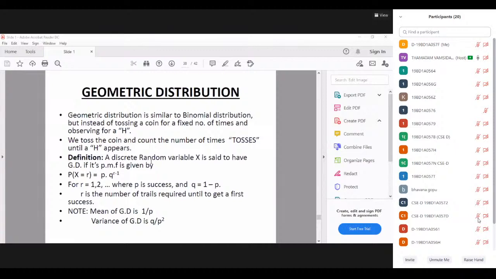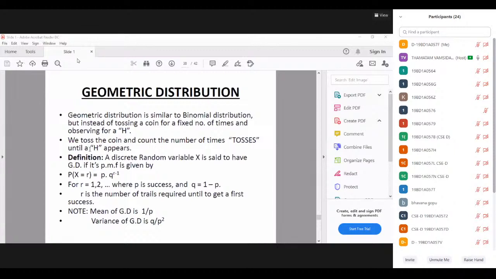Now today we'll discuss the last topic in second unit, geometric distribution. This is already covered. This is the revision class.